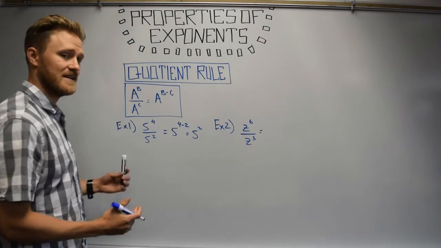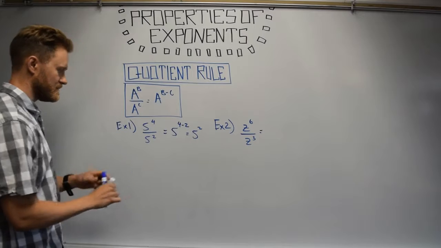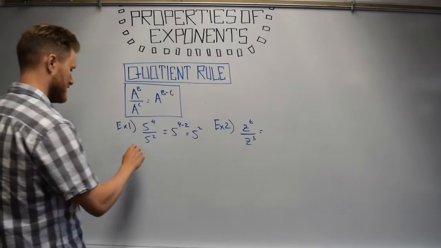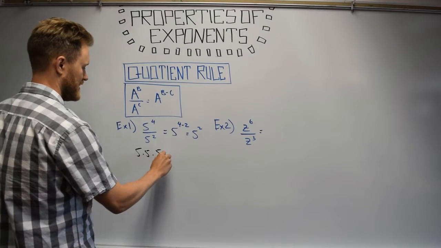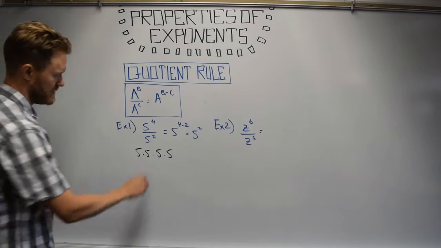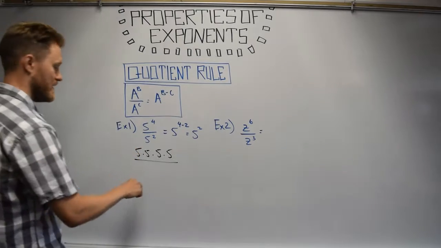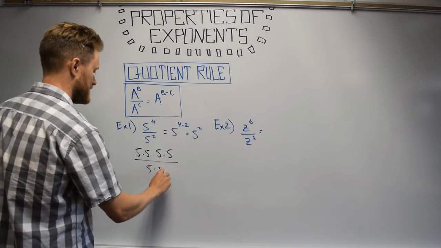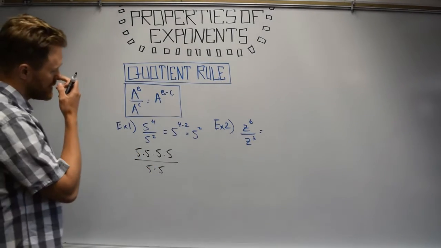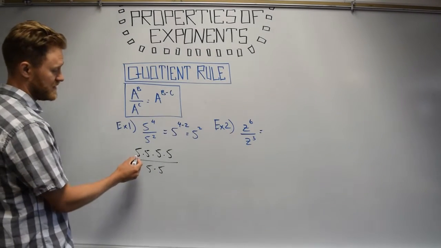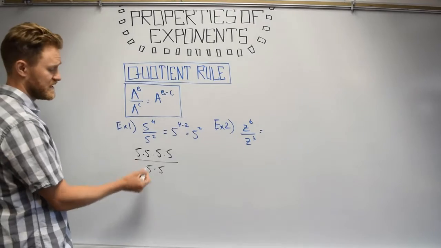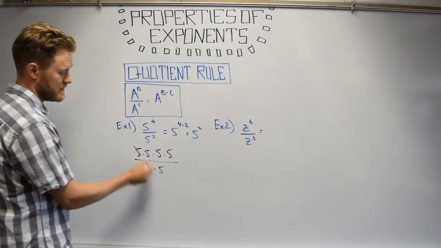Now let's try and think about this a different way. 5 to the 4th is the same thing as 5 times 5 times 5 times 5. 5 squared is the same as 5 times 5. So, knowing how division simplifies, for each factor that I have matching on the top and bottom, I'm allowed to get rid of those.